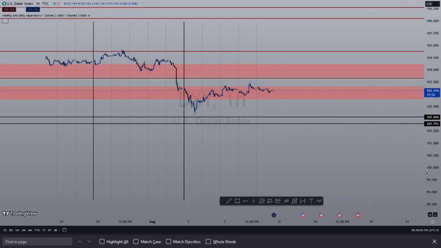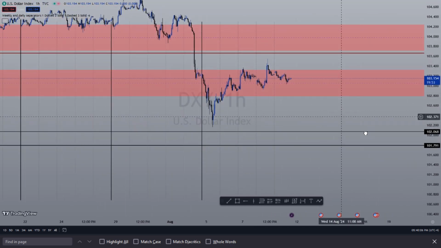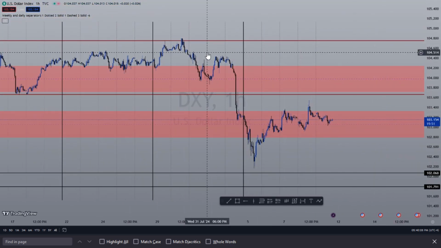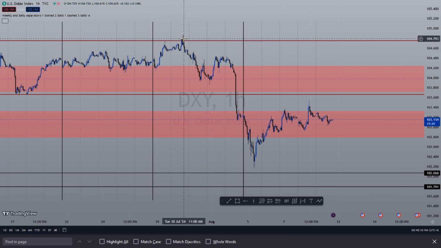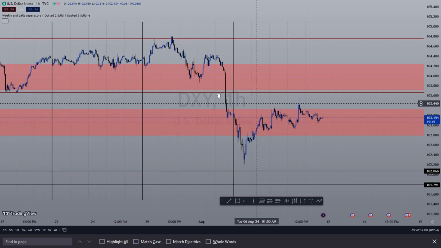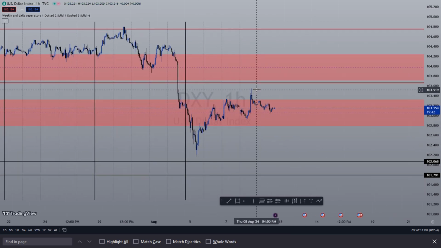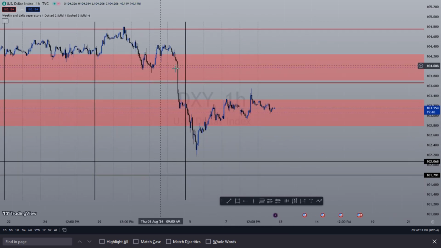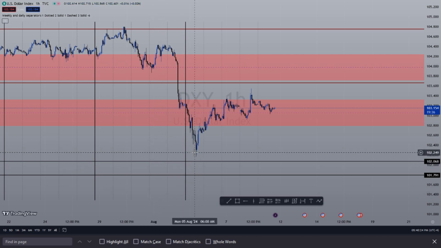So this is the price action for last week. Last week we had this market coming down. This was last week's movement. So we are aiming at this internal range liquidity, so we can clear this external liquidity.